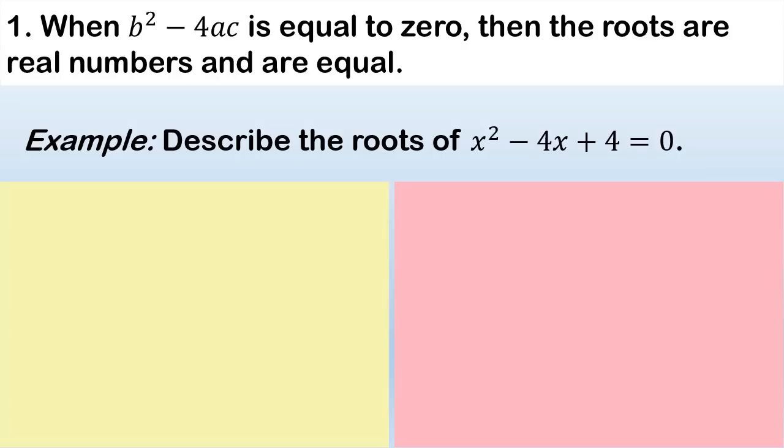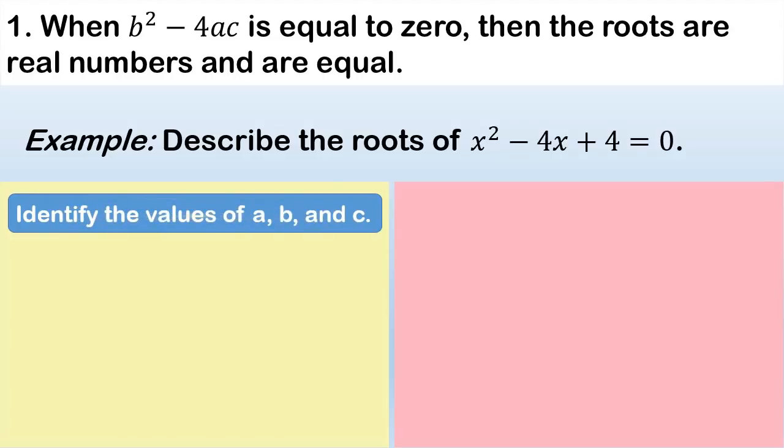The first step that we're going to do here is to identify the values of a, b, and c. Given the equation x squared minus 4x plus 4 equals 0, let's identify the values of a, b, and c. So sabi nga natin, to find out the value of your a, b, and c, let's identify the coefficient of the given equation.